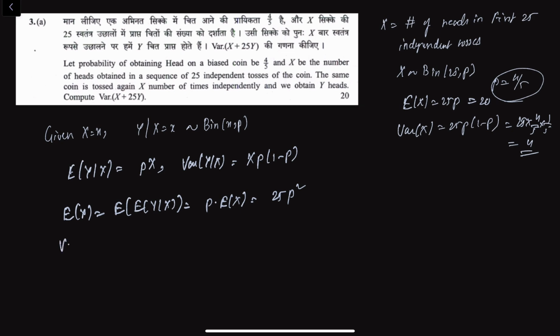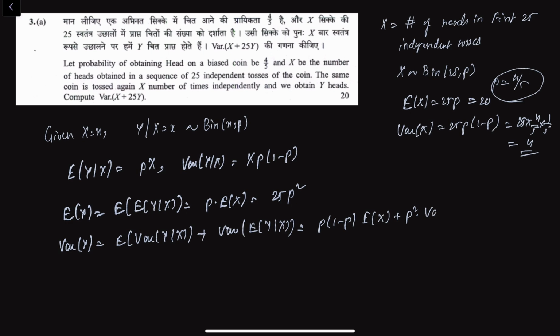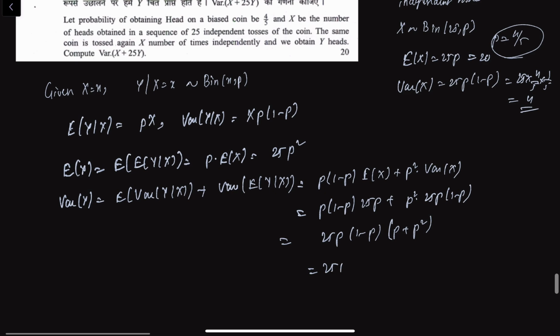And the variance of Y is the expectation of the variance of Y given X plus the variance of the expectation of Y given X. So that means p times 1 minus p times the expectation of X, plus p square into the variance of X. So we already have the expectation of X is 25p, so 1 minus p into 25p, plus p square into the variance of X, which is 25p into 1 minus p. If I take common, it is p plus p square. So that means it is 25p square into 1 minus p into 1 plus p.